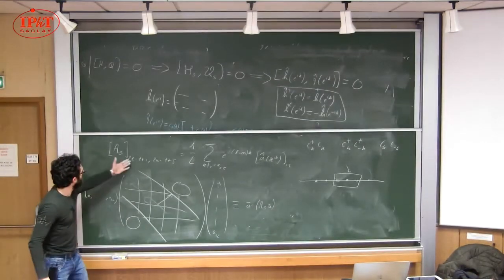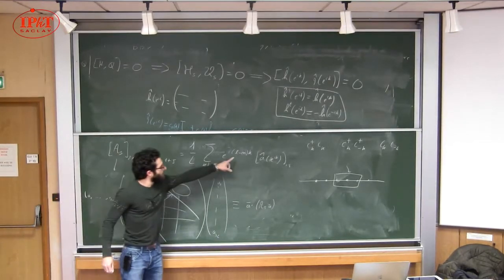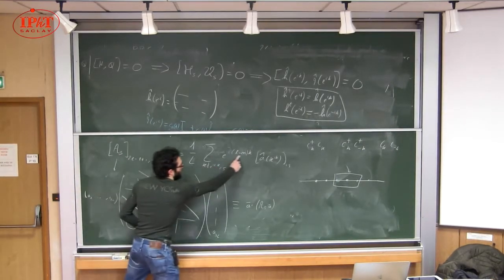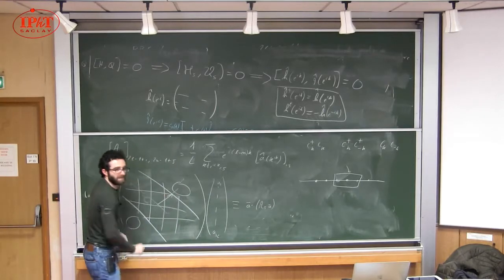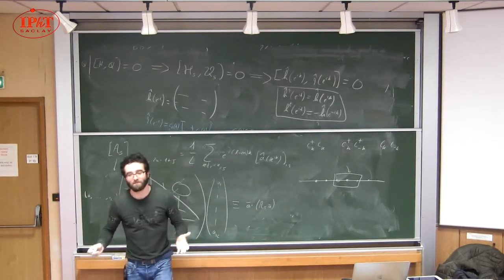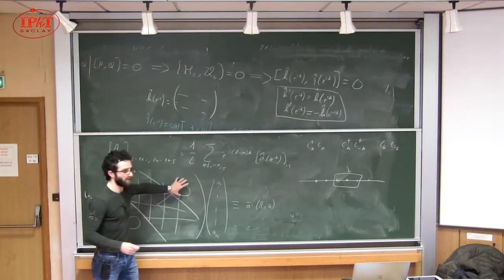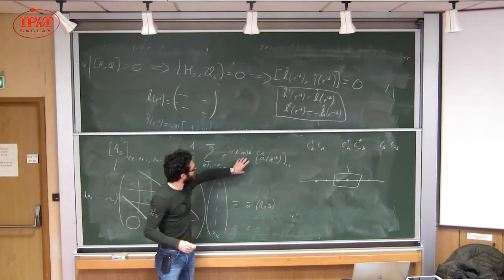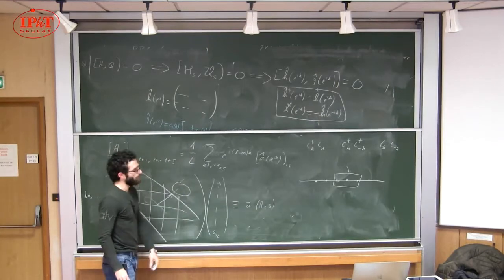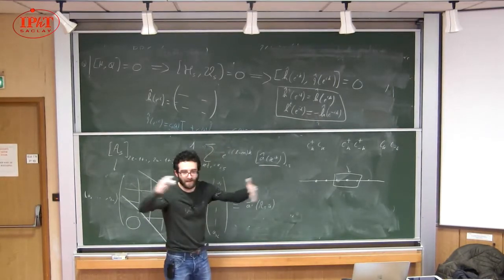But what does it mean in this language? Since this is just a Fourier transform along this direction, that is l minus n, it simply means that when you consider the Fourier coefficients here, you have only a finite number of them. The only way to put some 0 here is to do things in such a way that the Fourier coefficients are 0. In other words, the symbol cannot have arbitrarily large Fourier coefficients.